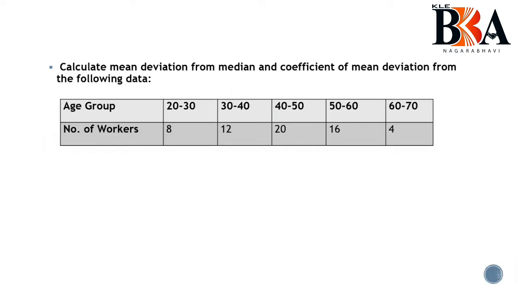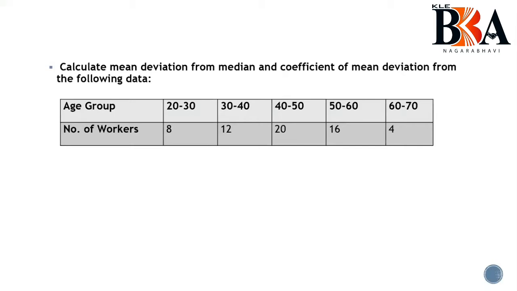The question is: calculate the mean deviation from median and the coefficient of mean deviation from the following data. Here they have demanded that we calculate the mean deviation and coefficient through median, so I have to take full charge of the median formula as well, and solve on the basis of the median formula.